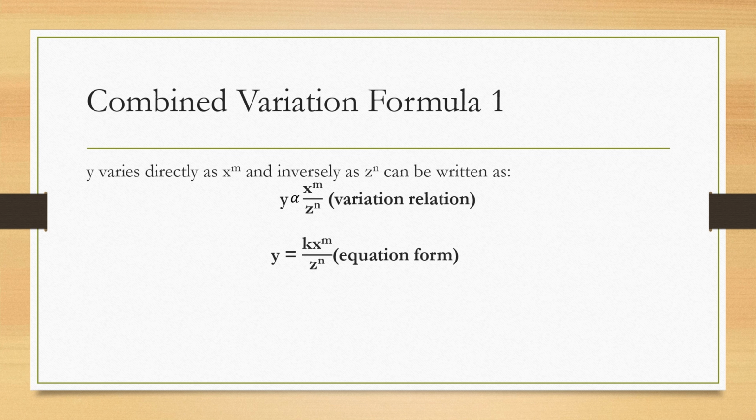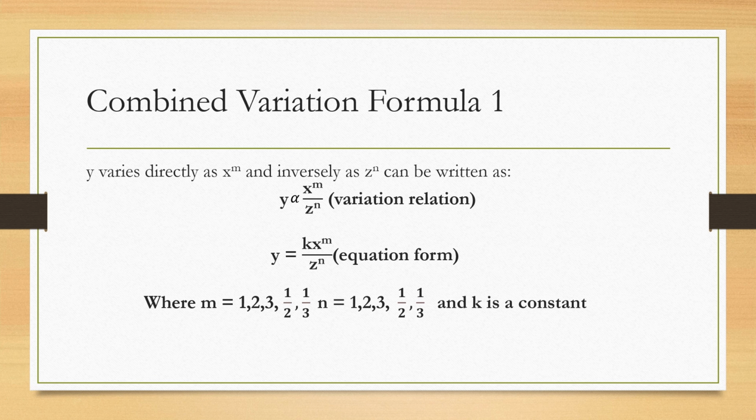Y equal to k x power m over z power n, where m equal to 1, 2, 3, 1 over 2, 1 over 3, n equal to 1, 2, 3, 1 over 2, 1 over 3, and k is a constant. K equal to, as you can see, you just make only k on the left side or right side. So k equal to y times z power n over x power m.